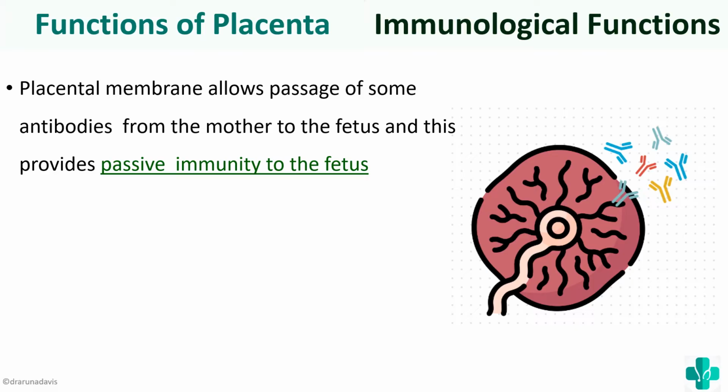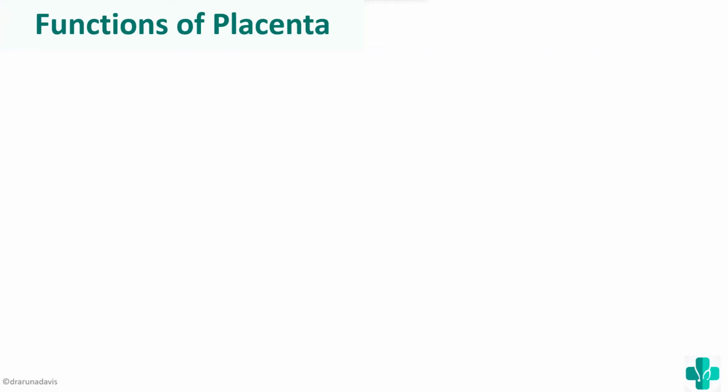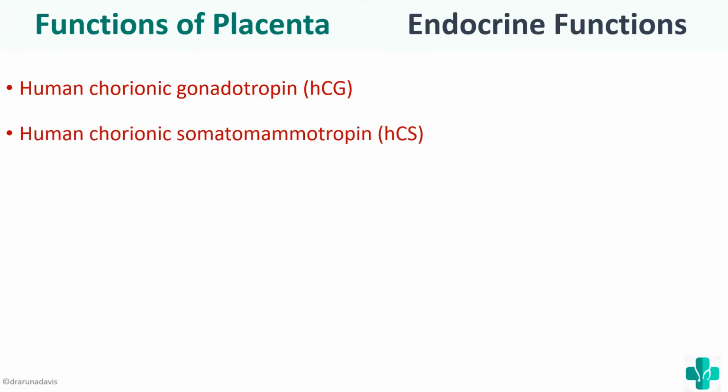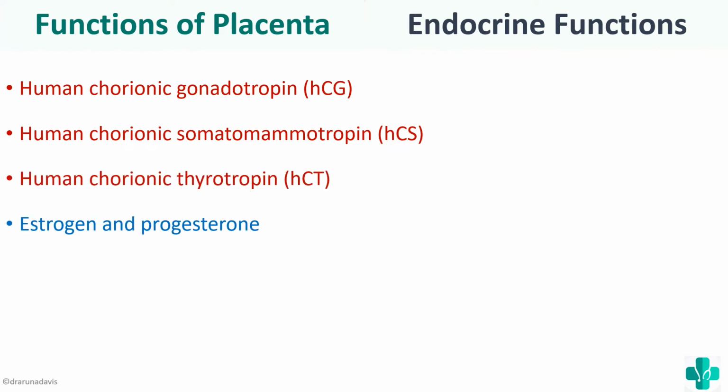Now the next important function of the placenta is endocrine function. We know that the placenta is a main reason why the pregnancy progresses. It provides the necessary environment which is needed for the fetus to grow. For that, the placenta produces a lot of hormones, of which the important ones are human chorionic gonadotropin, or HCG, human chorionic somatomammotropin, or HCS, human chorionic thyrotropin, and of course estrogen and progesterone, relaxin, inhibin.